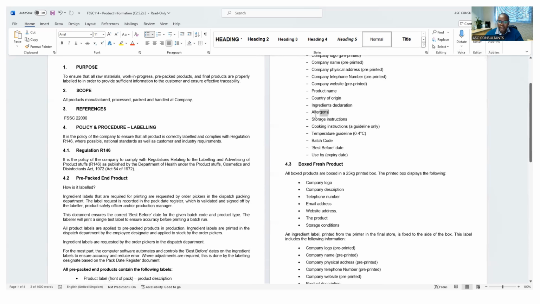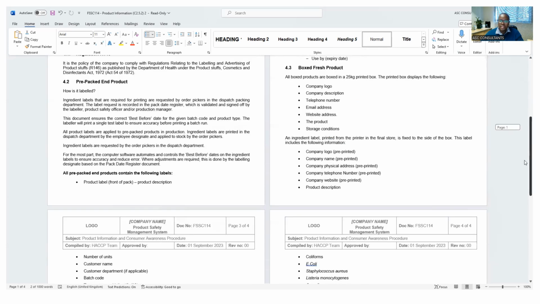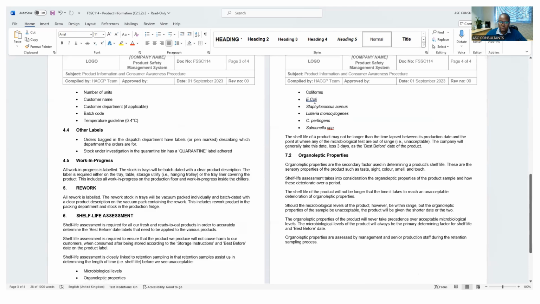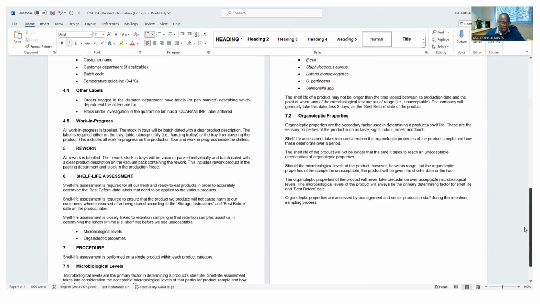It will indicate the allergens that are contained, the temperature guidelines, etc. And once it has been boxed in bulk, what should be in the box, on the box, what should be included. We have also included the microbiological criteria of the product, and also the organoleptic properties. So this could be an example that you could use to ensure that you meet the requirements of the additional requirement.